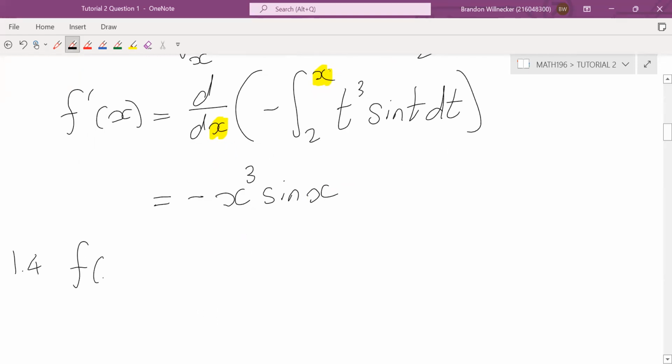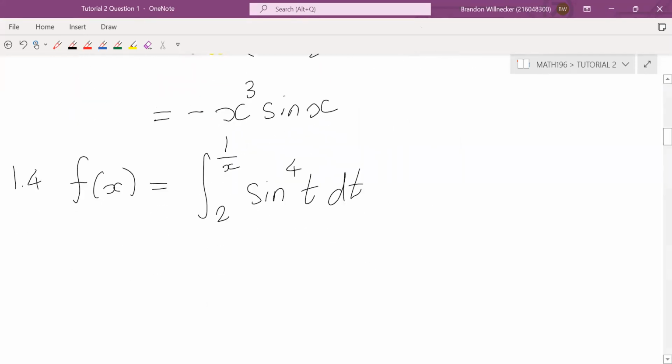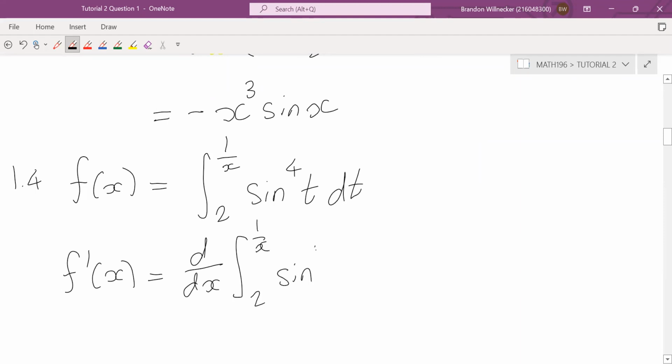1.4. So here we have f of x is equal to the integral from 2 to 1 over x of sin to the 4t dt, and we want to find the derivative. So F prime of x is equal to d by dx of the integral from 2 to 1 over x of sin to the 4t dt.